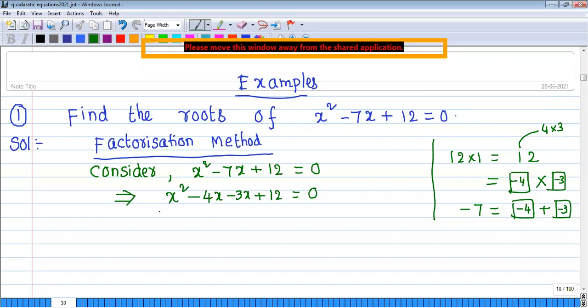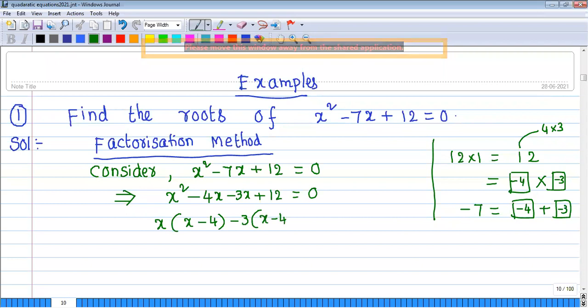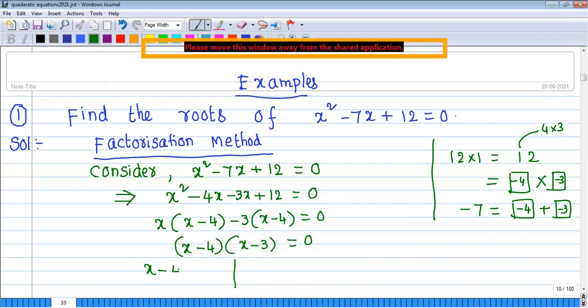From the first two terms, let us take x common. We have x into x minus 4. Next two terms, let us take minus 3 common. We have x minus 4 equals to 0. Now let us take x minus 4 common out. x minus 4 into x minus 3 equals to 0. So we get two cases. x minus 4 equals to 0 and x minus 3 equals to 0.